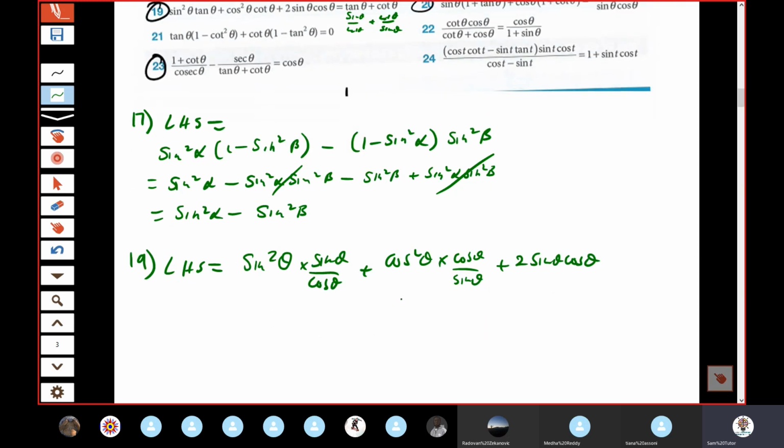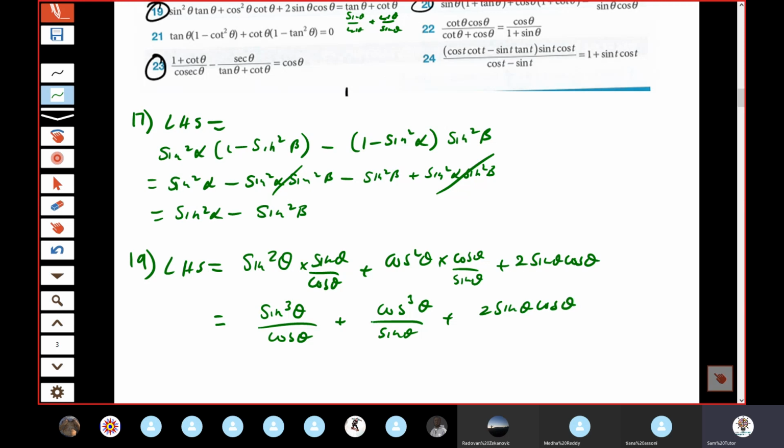Any questions at that stage? Anyone? That makes sense what I've done? I literally converted everything to sines and cosines. Then sine times sine is sine cubed on cos plus cos cubed on sine plus 2 sine theta cos theta. At this stage, I know I'm going to make a common denominator.